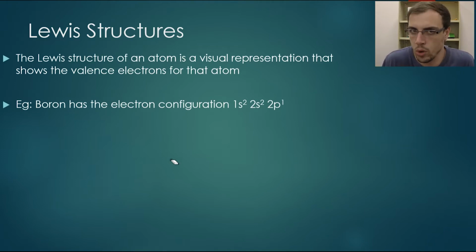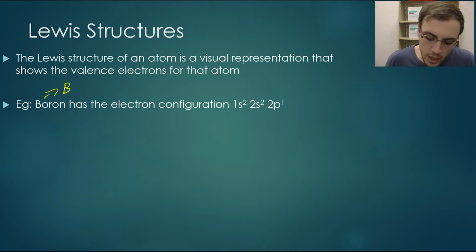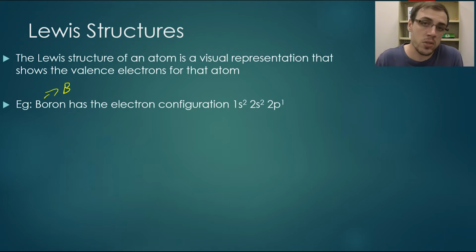So let's look at boron, for example. Boron is the symbol B on your periodic table, and it has the electron configuration 1s2, 2s2, 2p1. As we remember, valence electrons are electrons in the outermost shell, which is your s and p orbitals.